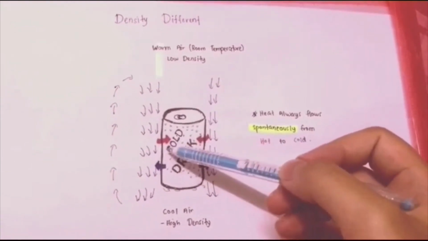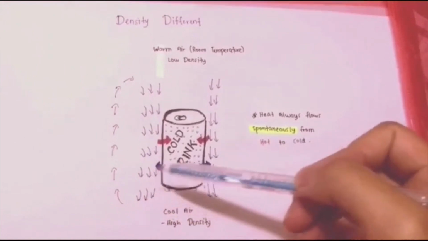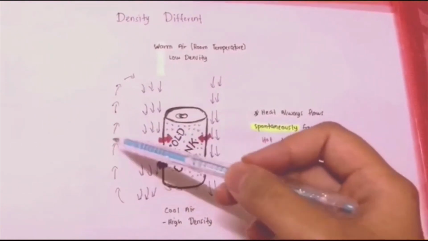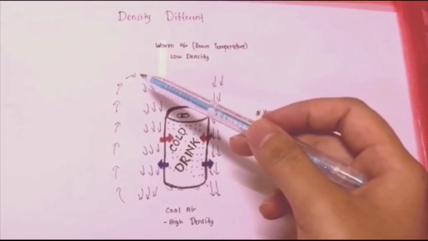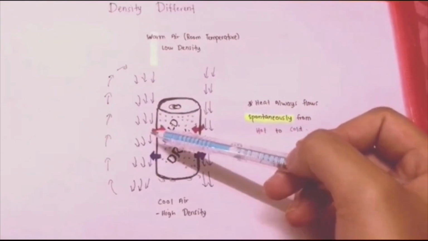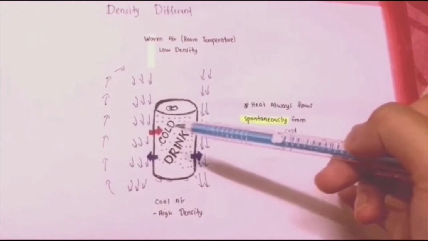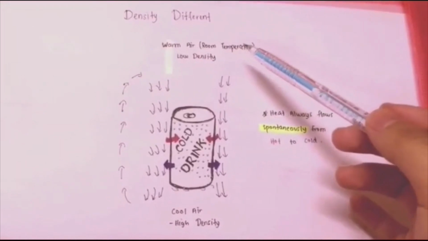It will push the cool air with high density from the cold drink. The cool air then mixes with the warmer air and loses its density and becomes warm air. So it will rise here. Then it flows again to the cold drink, and this cycle repeats until the cold drink increases its temperature to the room temperature.